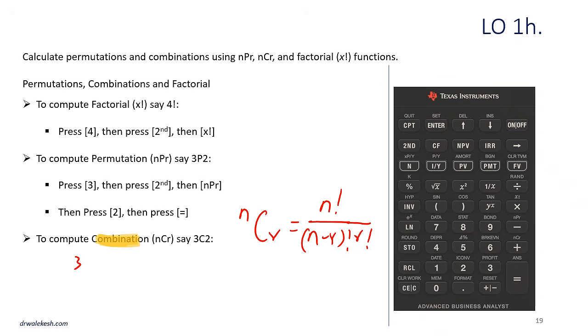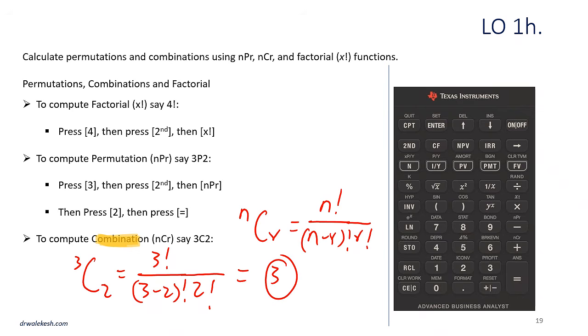That implies that 3 combination 2 will be 3 factorial all over 3 minus 2 factorial, then 2 factorial. If you solve for this, I expect you to get 3.